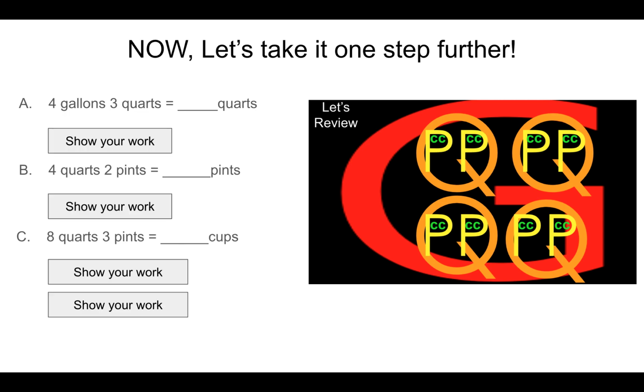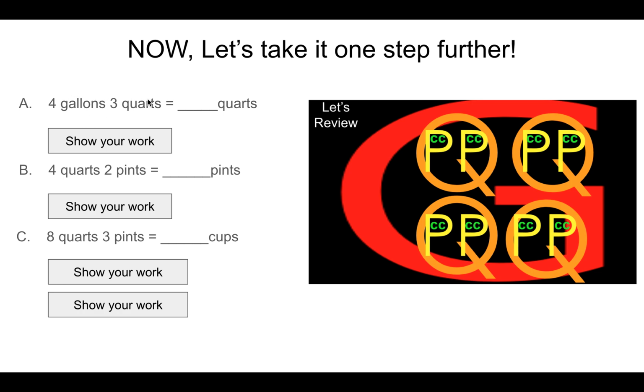Okay, now we're going to review and take it one step further. If you look at A, it says 4 gallons and 3 quarts equals how many quarts? So we're converting it to quarts, but right here I'm seeing gallons and quarts.